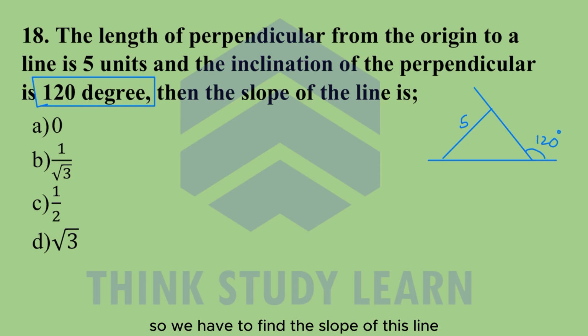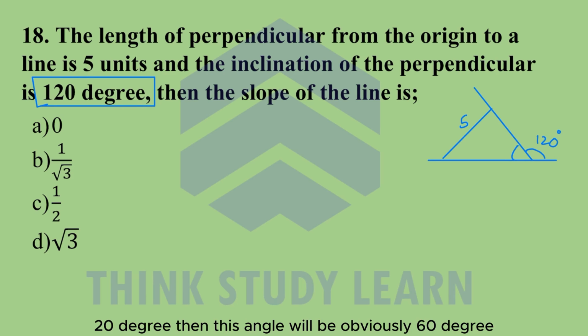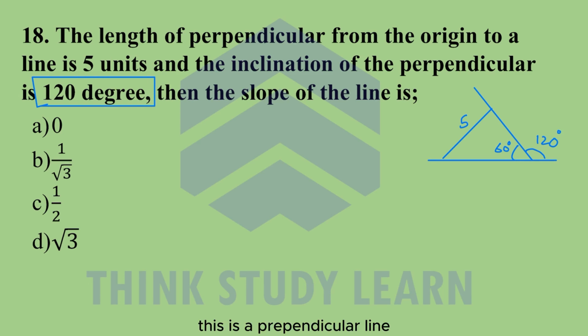We have to find the slope of this line. We will mark the angles: because this angle is 120 degrees, this angle will obviously be 60 degrees. This is a perpendicular line, so this angle will be 90 degrees. We know that the internal angles of any triangle add up to 180 degrees.